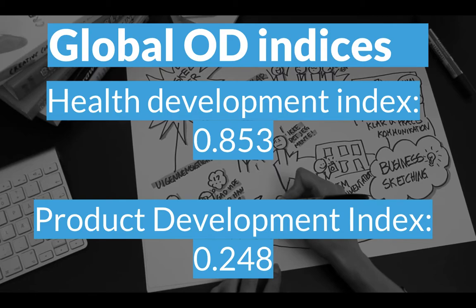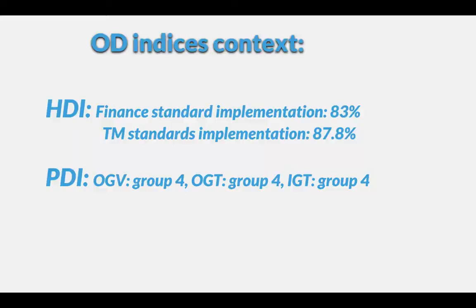So for health development index, AIESEC in Sweden currently has a score of 0.853, and for product development index, we have a score of 0.248. I would like to assume that you already understand what PDIs and HDIs are if you're looking to apply.